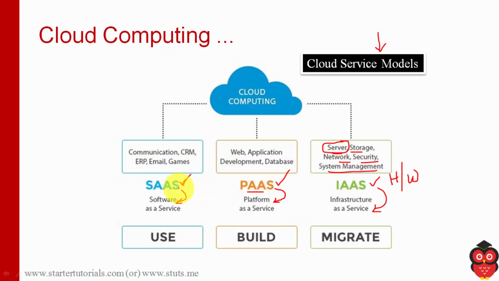Users who use them can interact with the application. Other than that, they can't do anything. They have control only on the service. Other than that, they can't manage any other parameters. Like you can't say I want to use Intel CPU. It is not possible in SaaS.